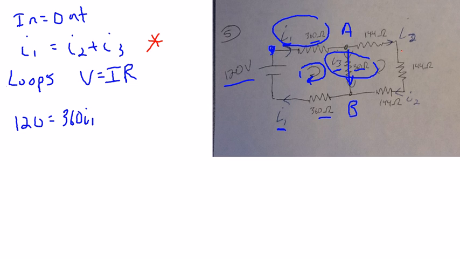Notice the arrows are going that way. So I don't need to make it negative. So I get plus 360 I3. And then I do this one here. That's I1. So I get plus 360 I1. Collect like terms. I get 120 equals 360 and 360 gives me 720.